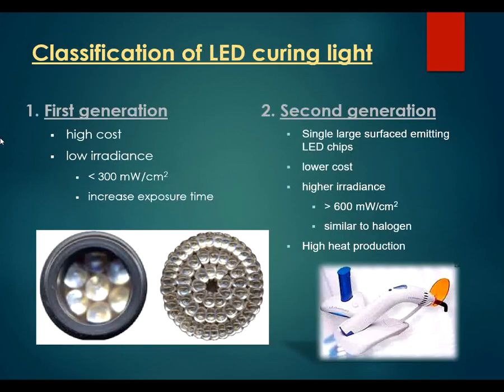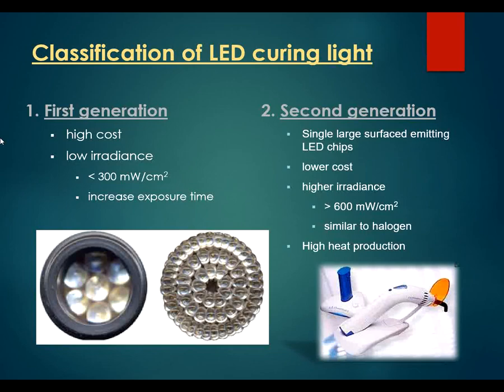Now, let's talk about classification of LED light curing lights. First generation has high cost, low irradiance, which is less than 300 microwatt per centimeter square, increased exposure time.